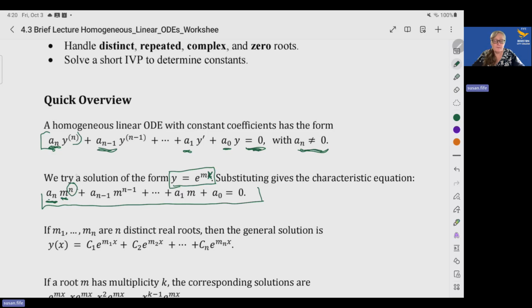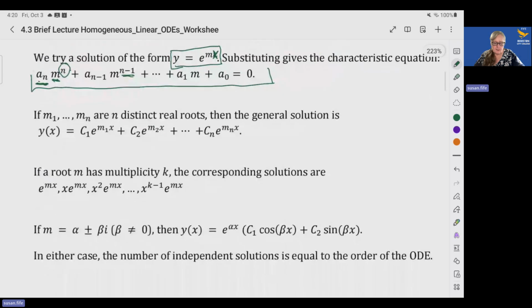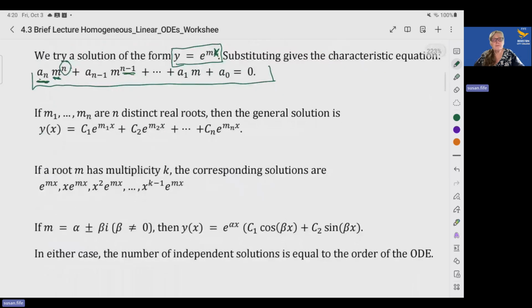So the nth derivative gives you the nth power. The m minus first derivative gives you the m minus first power, and so forth. It's going to give you a polynomial equation that hopefully you'll be able to solve.